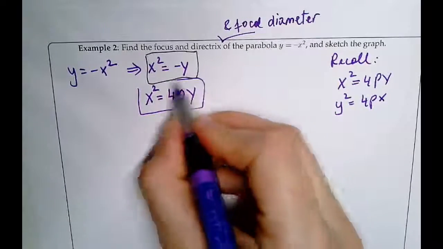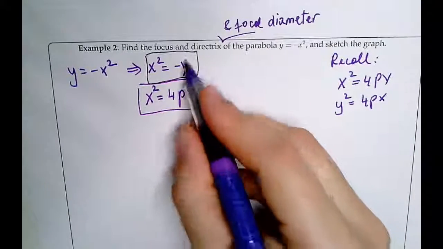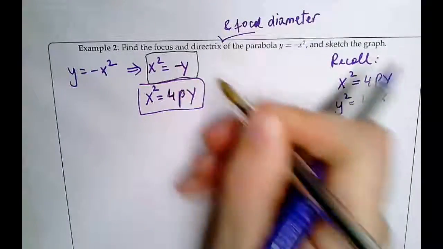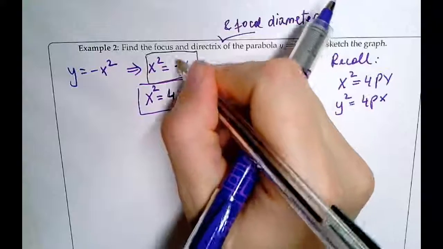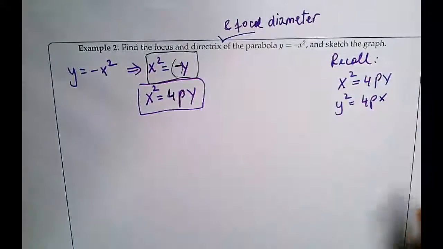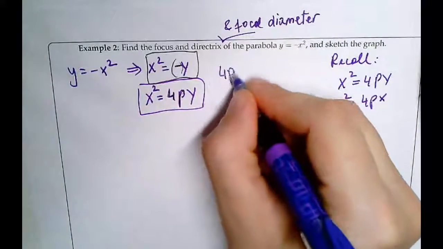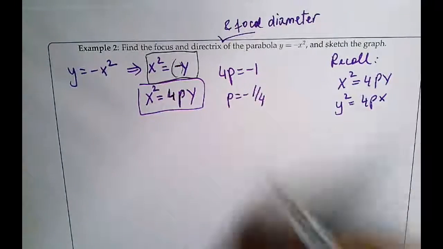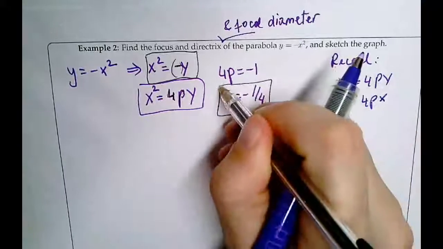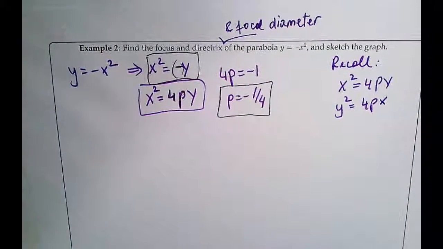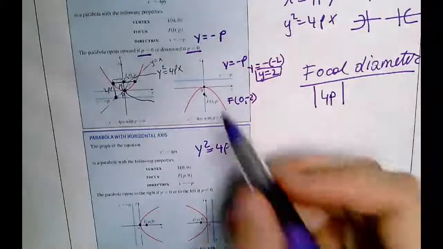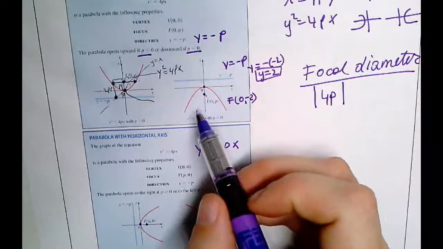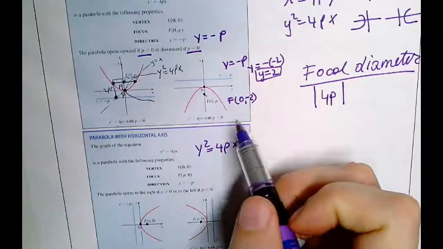If you look at these two things, the y is here, so I must have that 4p equals negative 1, because that's what this negative is. The only difference between these two is that. So 4p equals negative 1, and this is going to give us that p is negative 1/4. So p is negative, so our parabola is going to be a parabola opening down.